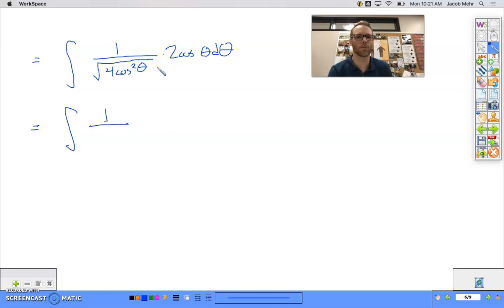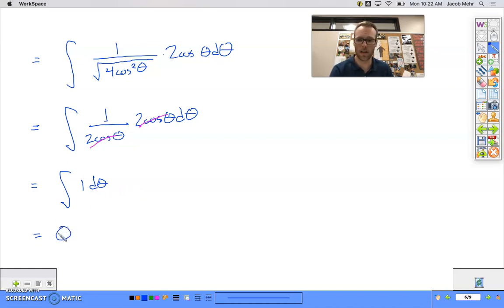What is the square root of 4 cosine squared? That's just 2 cosine. Well, would you look at that? We don't get a much simpler integral than the integral of 1 d theta. And what is the antiderivative of 1 with respect to theta? That is just theta. This is theta plus c.